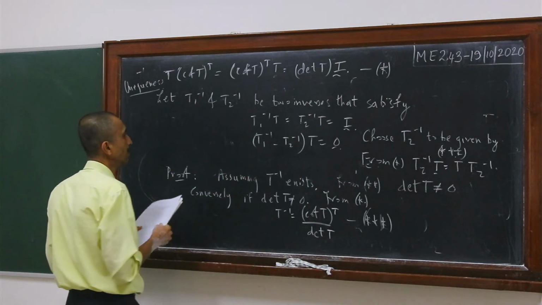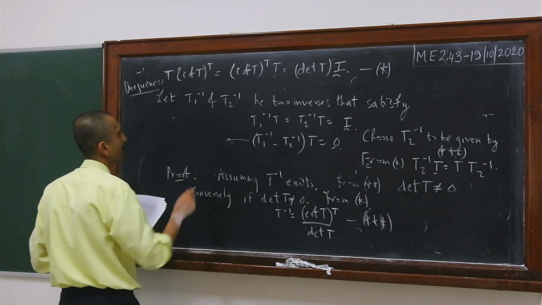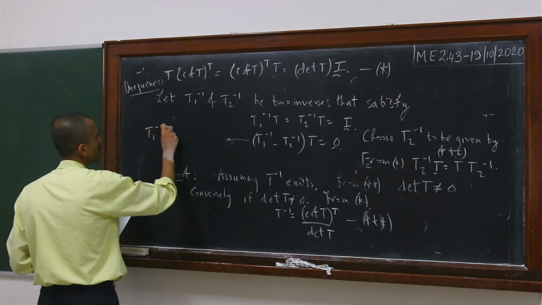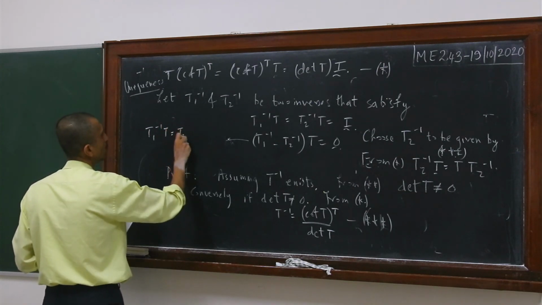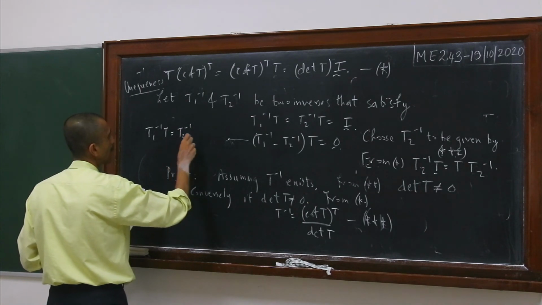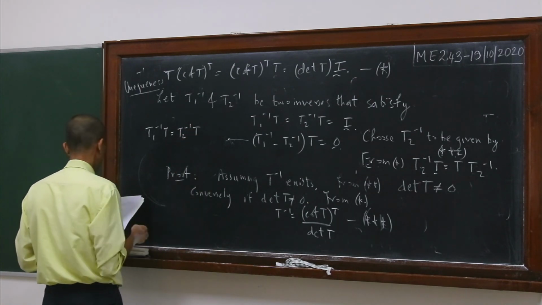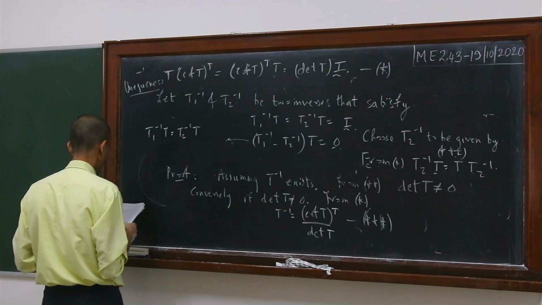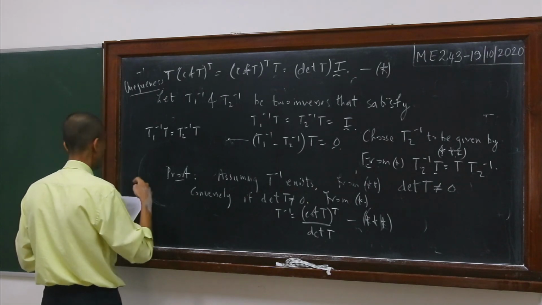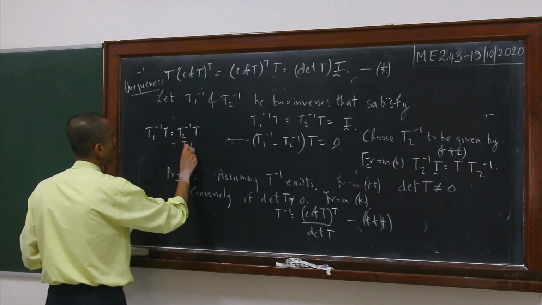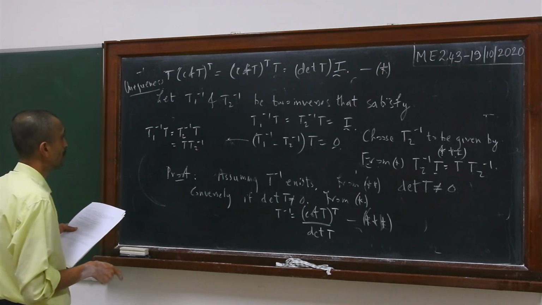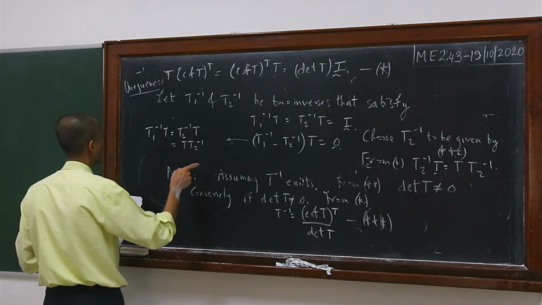Then from this relation I have T1 inverse times T is equal to T2 inverse times T. So I will post multiply on both sides by T2 inverse. Here this is also equal to T times T2 inverse, because for T2 I have that particular property.